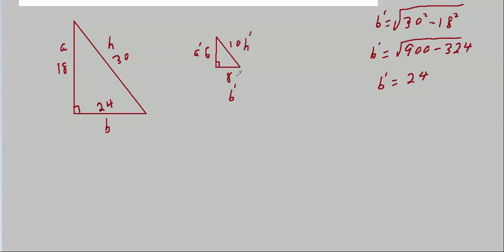And just forget the numbers that are in there, we're not going to use them. We're going to use the fact, this is a given fact, that h and h prime are in the same ratio as a and a prime. That's all we know.